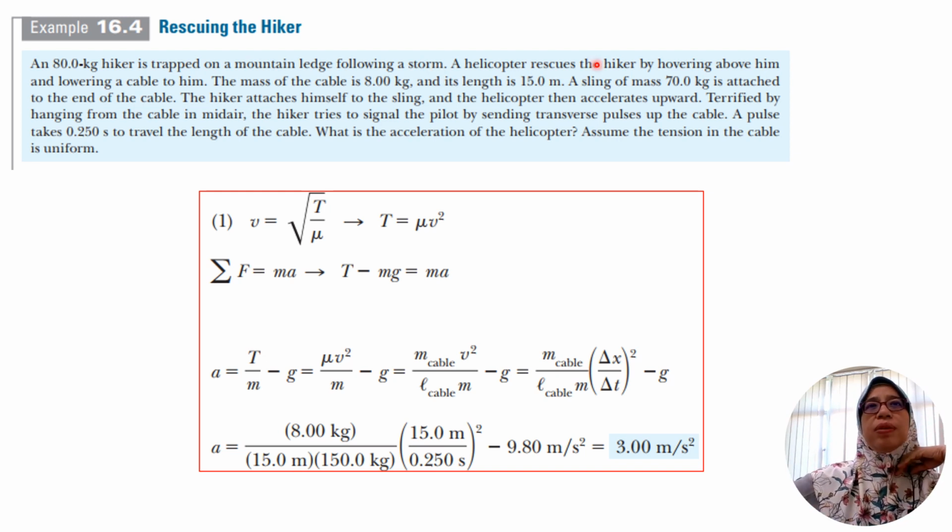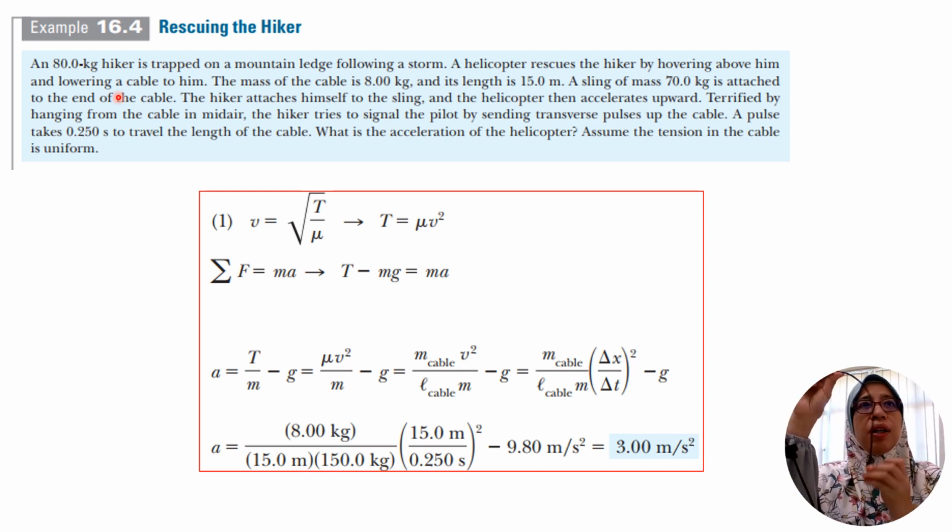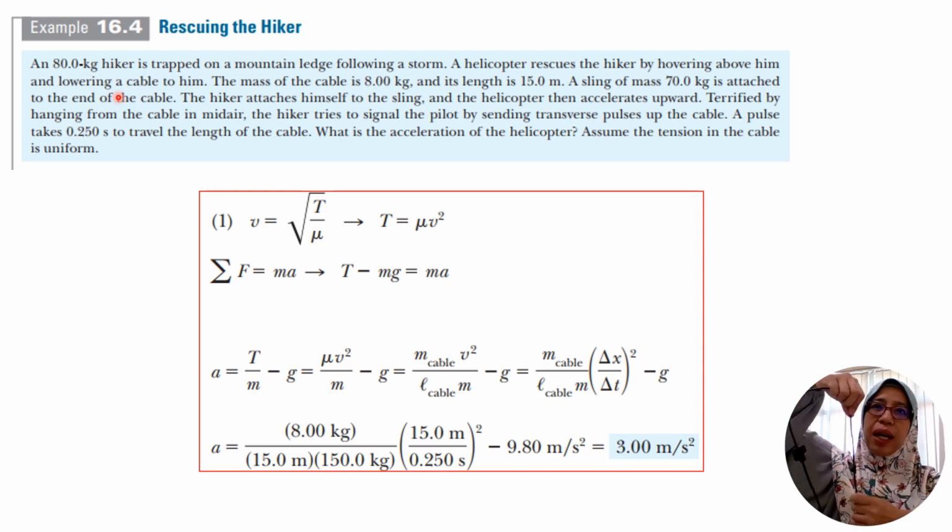So a helicopter rescues the hiker by hovering above him and then lowering a cable. The mass of this cable itself is 8 kg and the total length from here until here is 15 meter. My hand is now the helicopter.